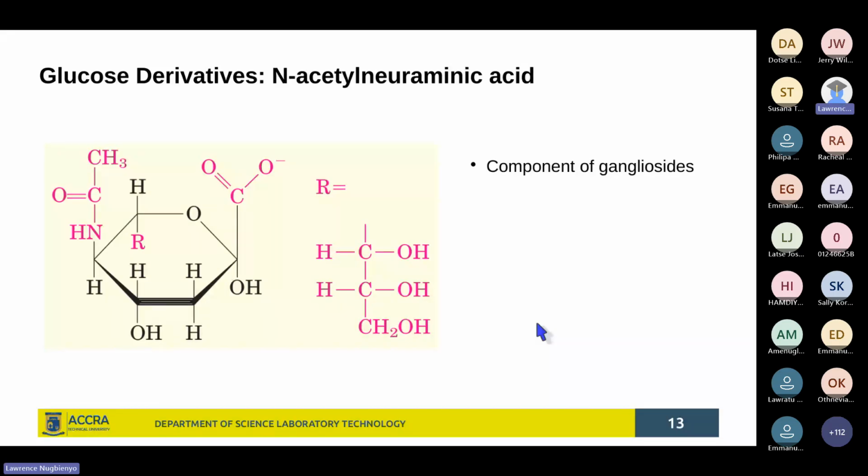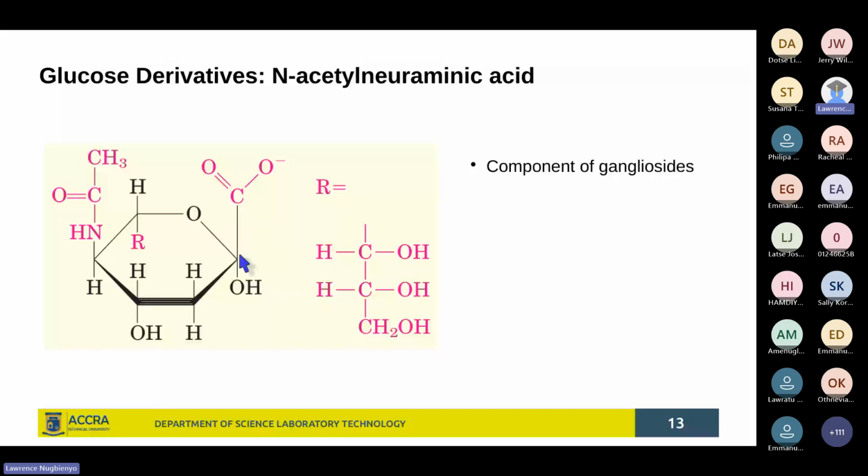We have also N-acetyl neuraminic acid. So here, this looks more complex. Different things are happening because you can see that on carbon number 1, this time around, it is not the hydroxyl group which is being replaced, but rather you have in place of hydrogen there, a carboxylic acid group on the anomeric carbon.